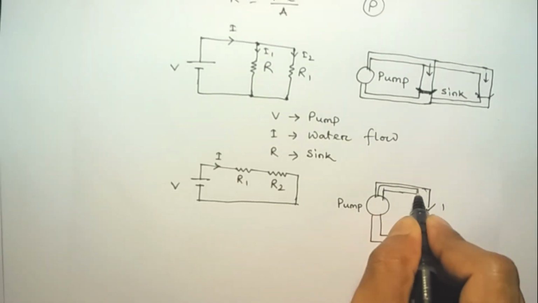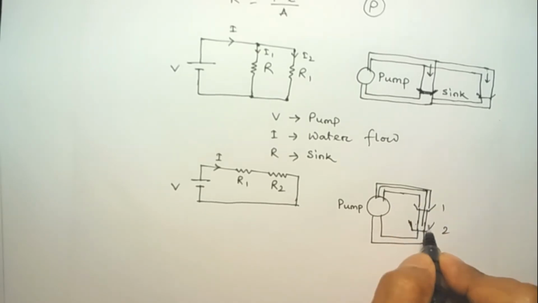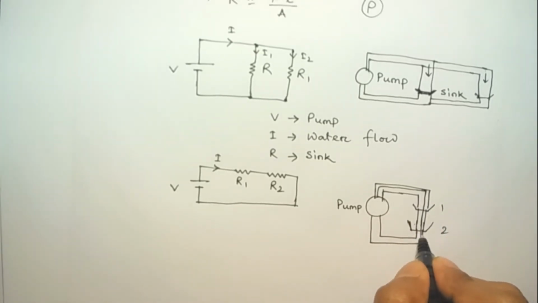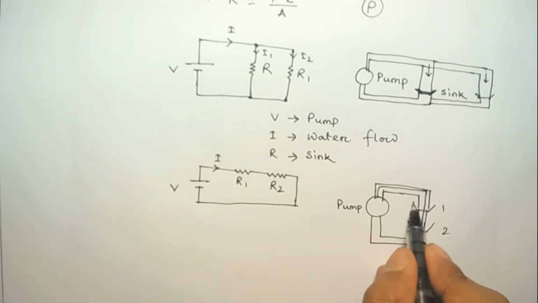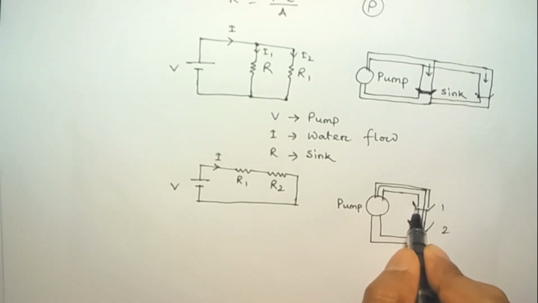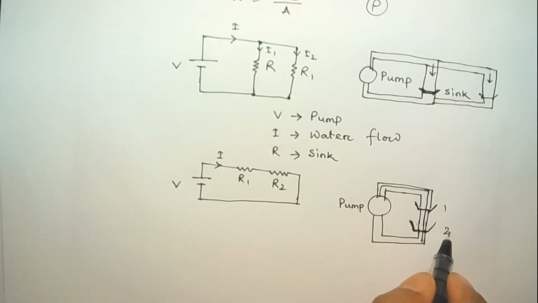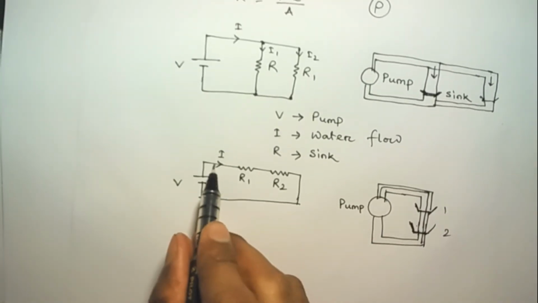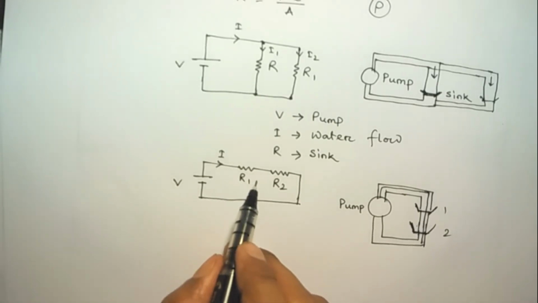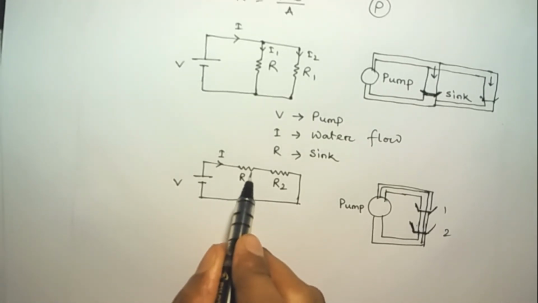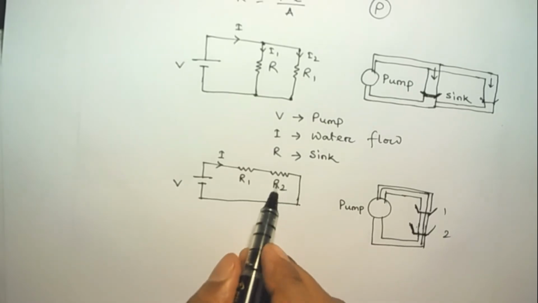So water will be the same for sink 1 and sink 2. But this water depends on the resistivity of sink 1 and sink 2. Similarly, this current depends on the resistance of R1 and R2.